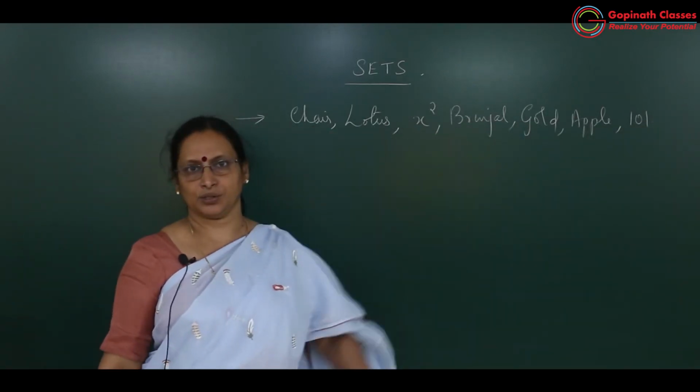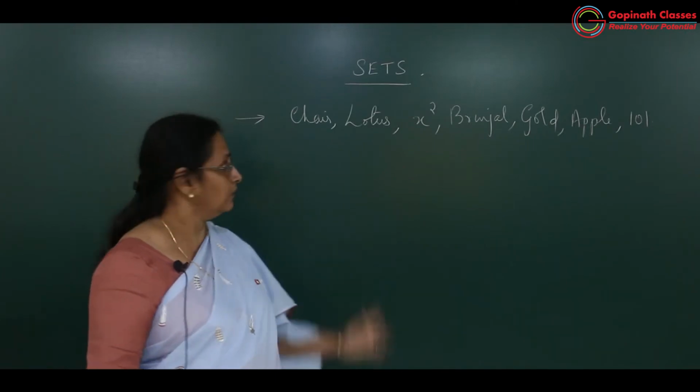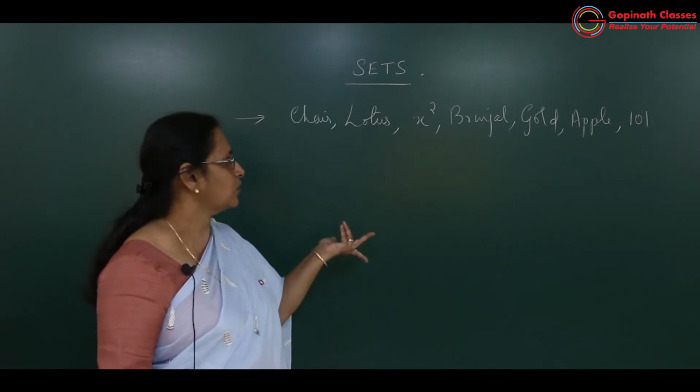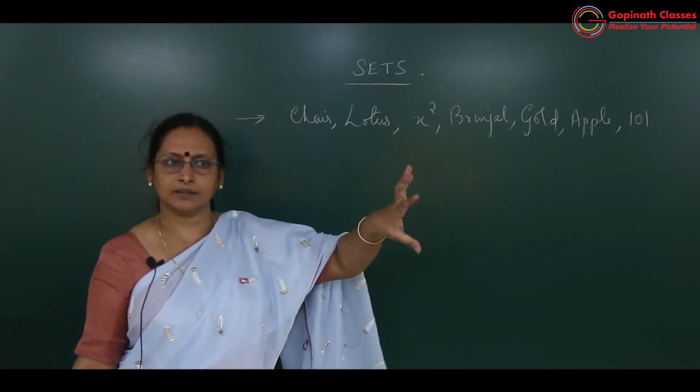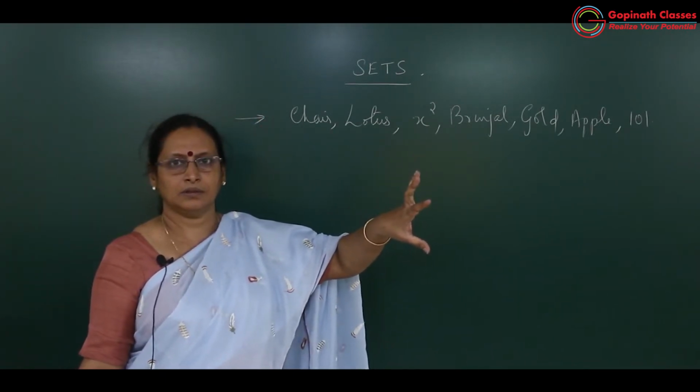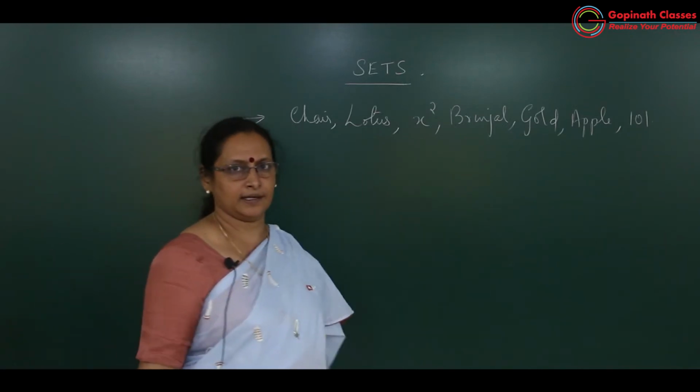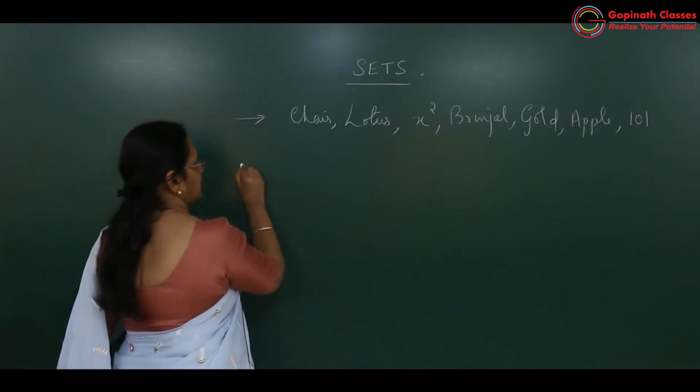Many things I wrote, but you are not getting any idea what this is. Chair, lotus, x square, brinjal, gold, apple, what is this? It is a group of things, but all of different categories.